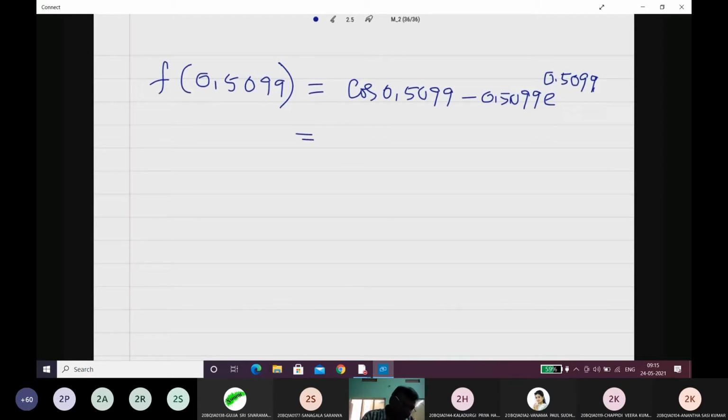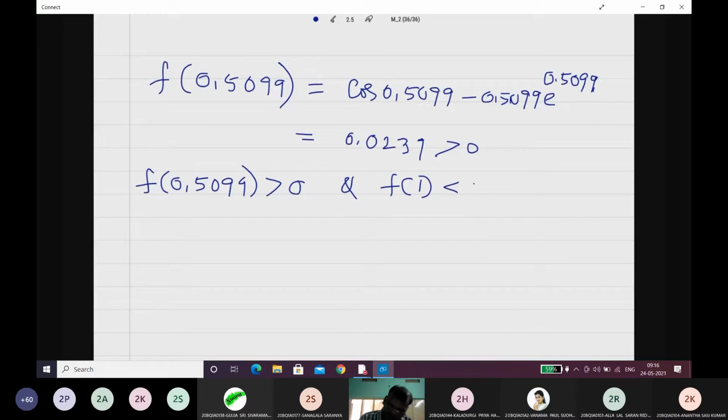In radians, son. Calculate this also. 0.0237, sir. Look, son, everyone got the correct answer. Yes, sir. Right. Now again this is also positive, therefore f of 0.5099 is positive and f of 1 is negative, right?